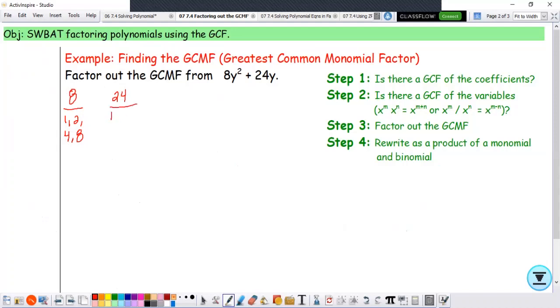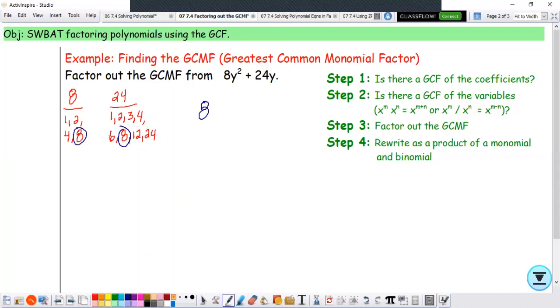For 24, we have 1, 2, 3, 4, 6, 8, 12, and 24. The largest factor the coefficients have in common is 8. So I'm going to write 8.